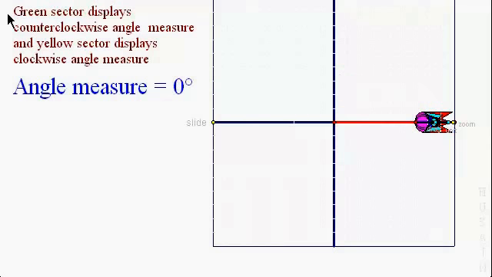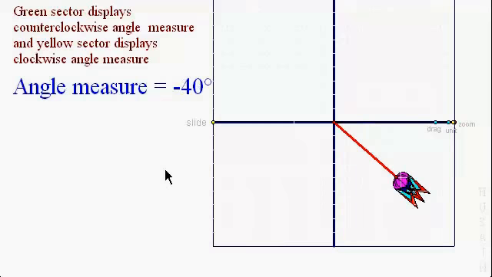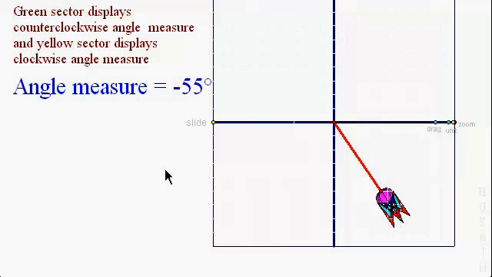Contrary to this, when we move in the same direction as the clock hand, you can see the terminal ray is moving in the same direction as the hands of the clock move. In this direction, the angle measure is negative.